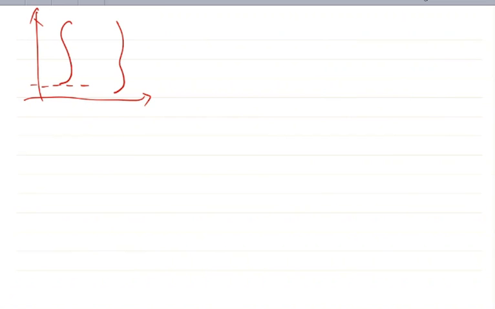So this is C minus, this is C plus. These two curves are the functions x equal to psi plus of y, and x equal to psi minus of y. This is x, this is y.